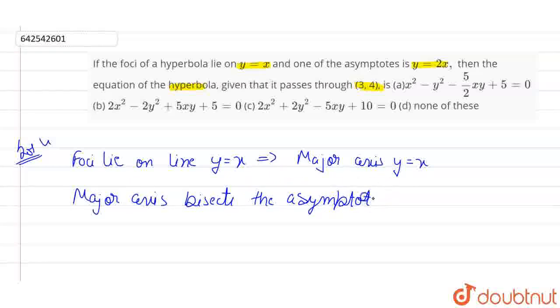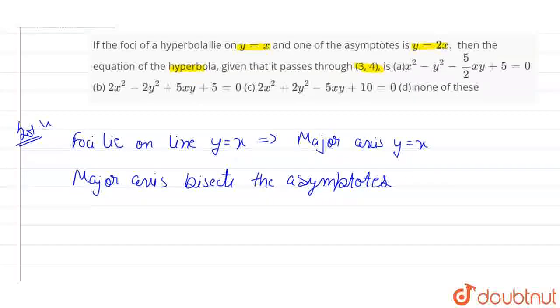Simple. What is given to us in the question is that one of the asymptotes is y equals 2x. So my first asymptote is y equals 2x. What should be my second asymptote?